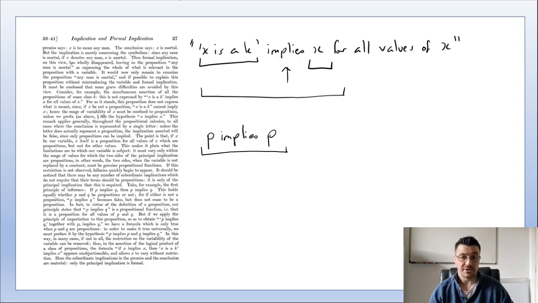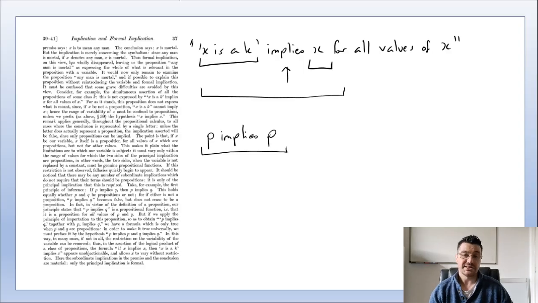And this is really important to Russell, that we allow variables to range without restriction. So even when we've got something where it seems clearly to be the case that we need the variable to be a proposition, we can't just assume that the variable will only take values that are propositions.